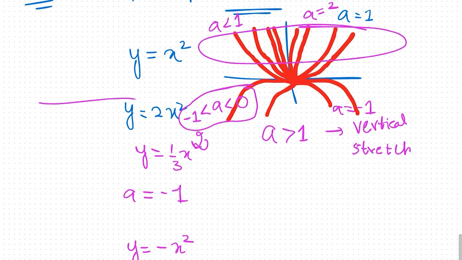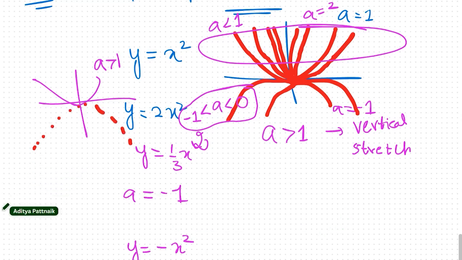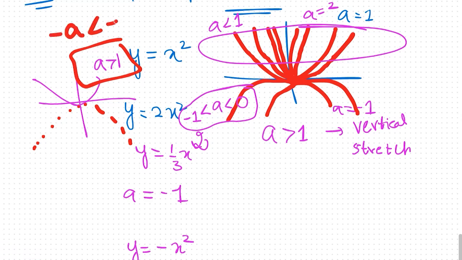In the top, the graph gets wider when a is between 0 and 1. See, there is a pattern to remember this. If you reflect it, a becomes negative a. So this inequality becomes negative a less than negative 1. If you multiply by a negative sign, this flips.